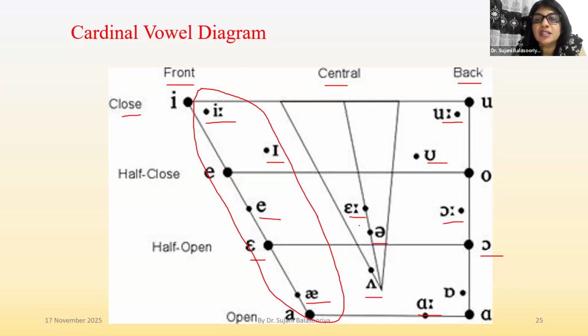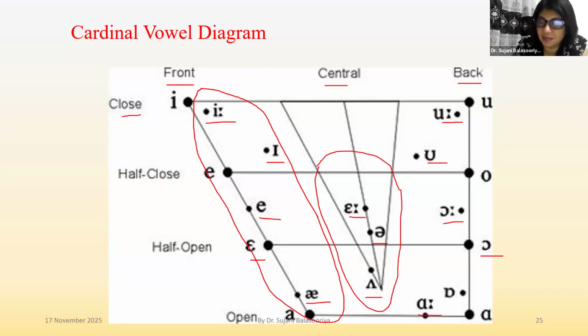This one, don't you feel the middle part of your tongue is quite, it feels something different, right? It is moving like that. It is the central part of the tongue, which means the middle part of the tongue. So therefore, we identify these vowels as central vowels, right?